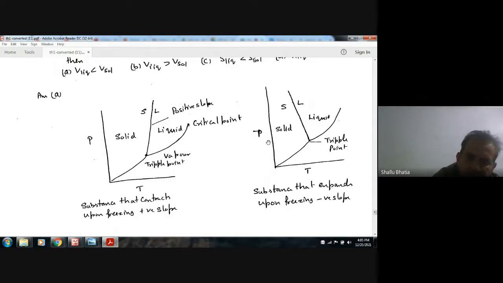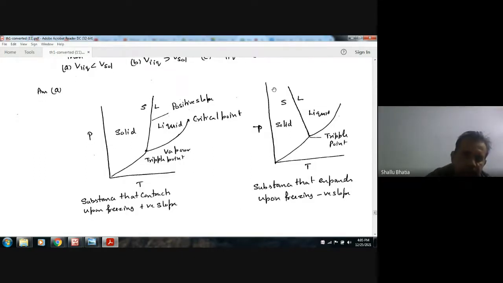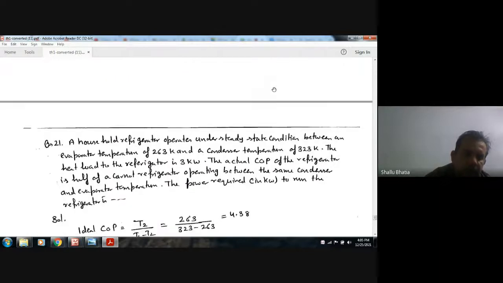This other graph is for substances which expand upon freezing, so it has a negative slope. You have to understand this. Okay. Next.